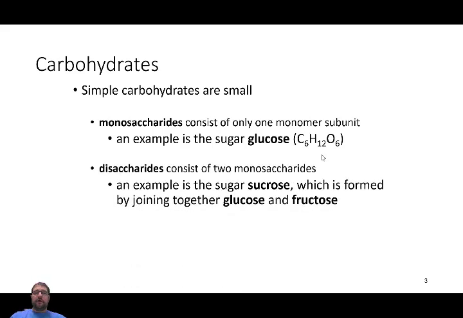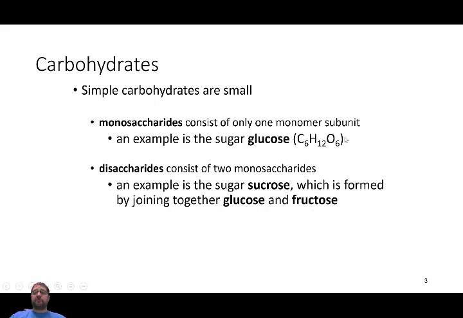Okay? All right, disaccharides. Disaccharides are two monosaccharides stuck together. A great example of this is sucrose, or table sugar, sugar that you're going to be consuming constantly. And that is just the combination of glucose and fructose to make sucrose.